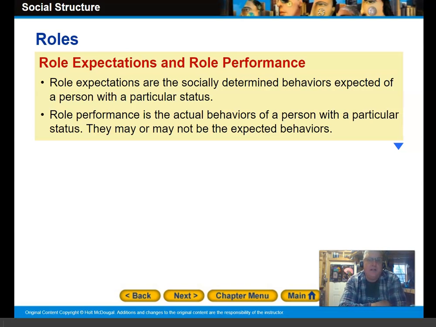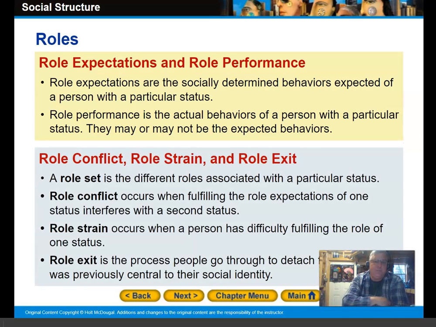Roles. Role expectations and role performance. Role expectations are socially determined behaviors expected of a person with a particular status. Role performance is the actual behavior of a person with a particular status. They may or may not be expected behaviors. A role set is the different roles associated with a particular status.